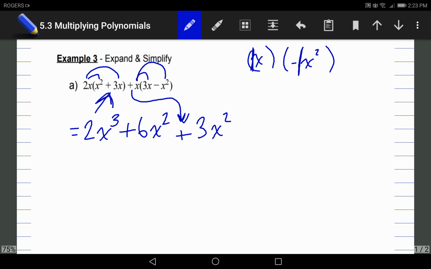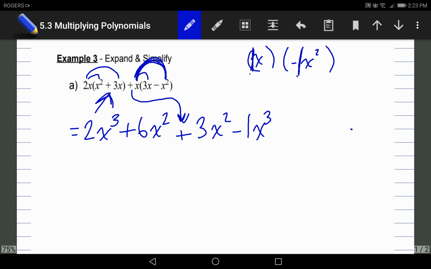So do 1 times negative 1. You get negative 1 on your calculator. 1 times negative 1 is negative 1. And then don't forget that you have to do the x times x squared, which is x cubed again. Okay? This is the hardest question we've done so far, without a doubt.